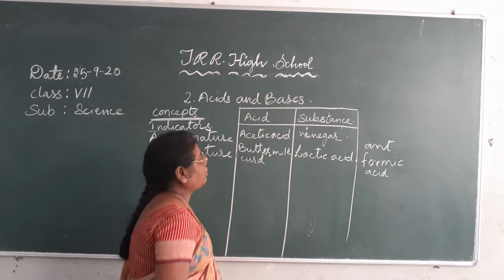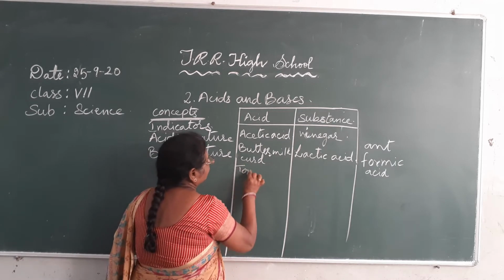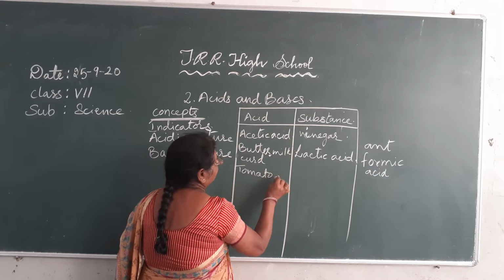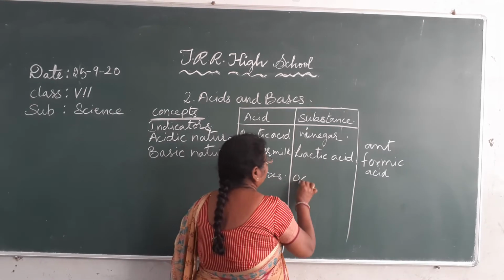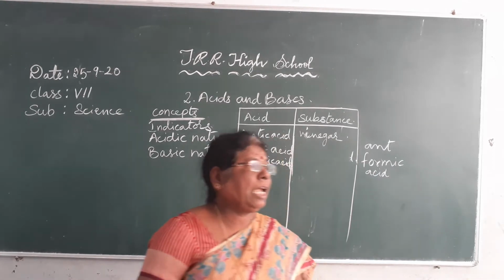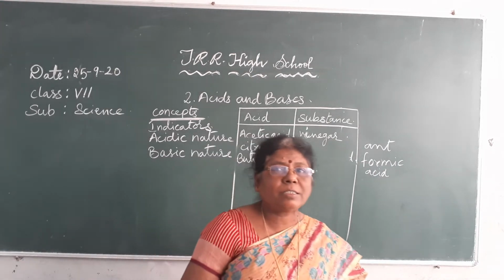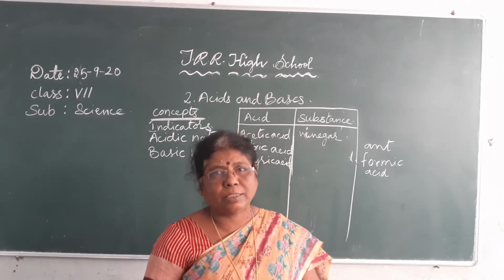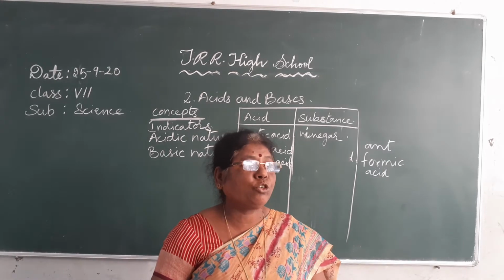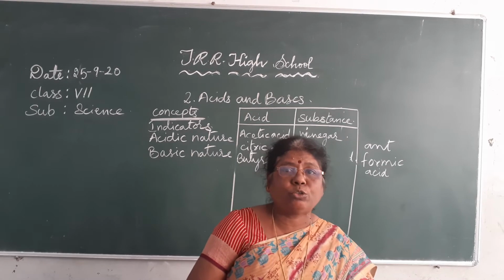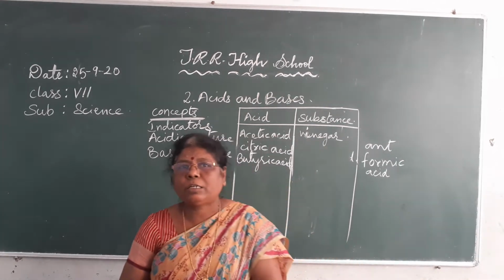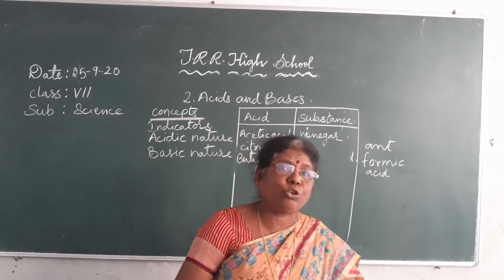Spinach, tomatoes have. I showed you many substances which contain acids, which show the acidic nature. Lemon I showed you, buttermilk I showed you, isn't it? And apart from this, vinegar I showed you.